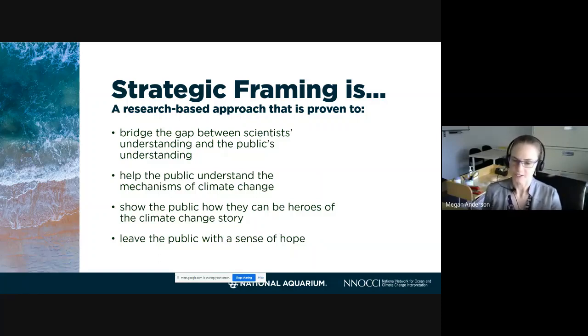They don't need to understand 4 hours of climate science, they just need to understand the basic mechanism of climate change, which helps them understand the solutions that will work. And then show them they can be plugged into the solutions, which ultimately leads them with a sense of hope. So really focusing on solutions, focusing on hope, and helping them understand climate change in a very basic way so that they can be inspired to be part of the solution.